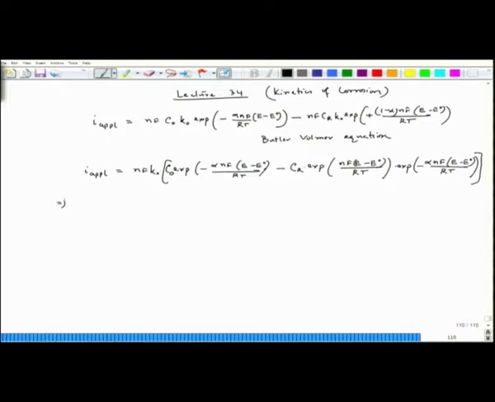Then we can write I applied equal to nF k0 exponential minus alpha nF (E minus E0) divided by RT, times C_O minus C_R exponential nF (E minus E0) by RT.